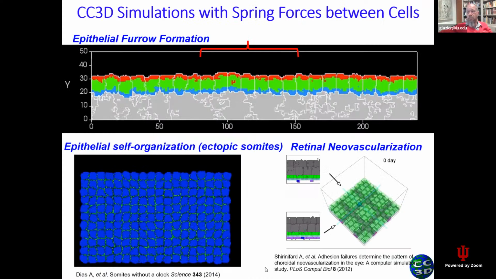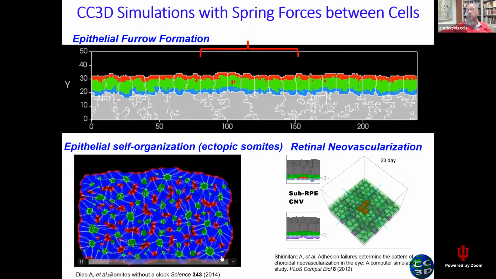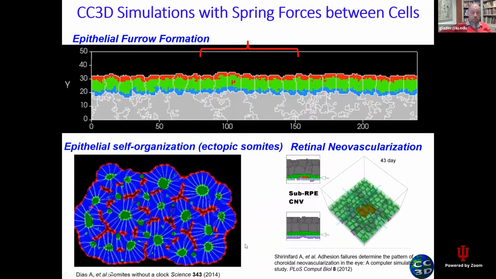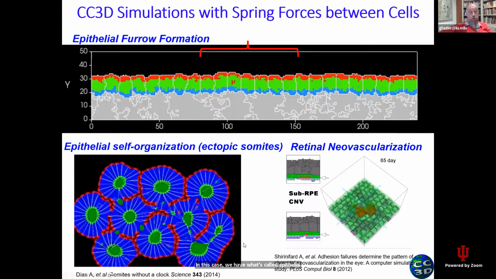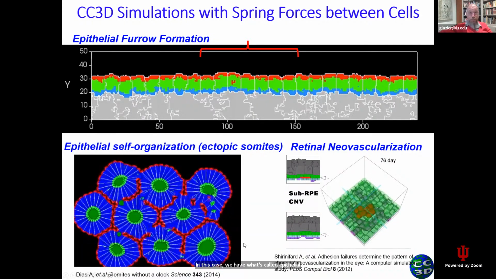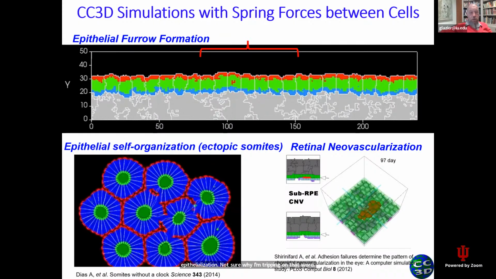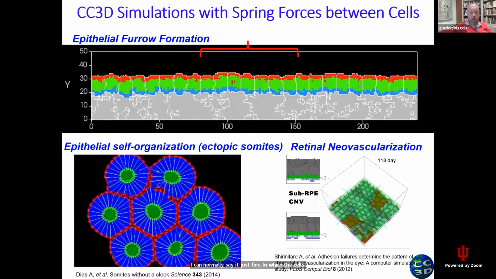So examples of this kind of simulation would be the things that we're seeing here, where we have compartmental cells. In this case, we have what's called epithelialization, in which the cells polarize. This is what happens when cells form sheets, layers.